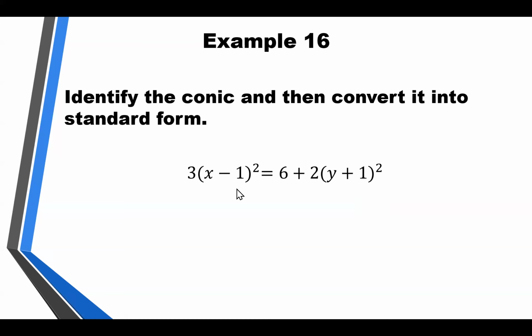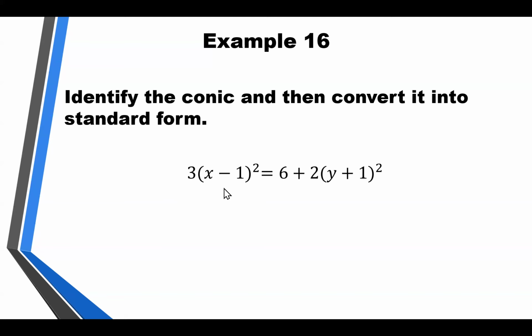By the way, this was one of the problems we had earlier. So when we're identifying the conic, we got 3x squared on the left and then a 2y squared on the right. When I put them on the same side, it'll be a 3x squared and a minus 2y squared. One positive, one negative. That means we have a hyperbola here.